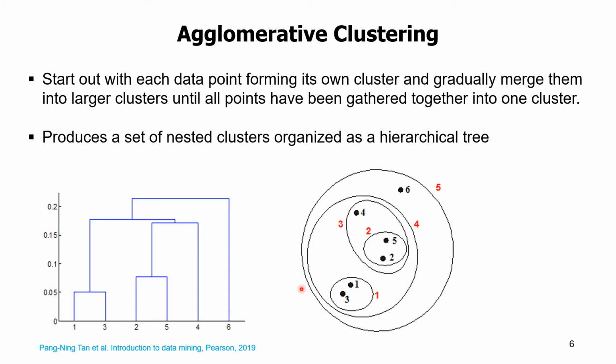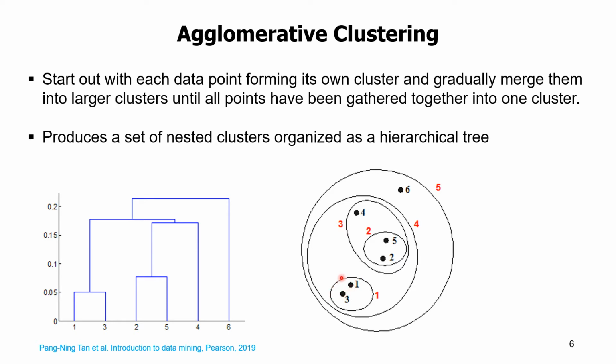So let's say we have 6 data points like this, and in the beginning, every data point is regarded as a cluster, and then you keep merging the nearest clusters. In the beginning, we have 6 data points and 6 clusters, and these two are very close.